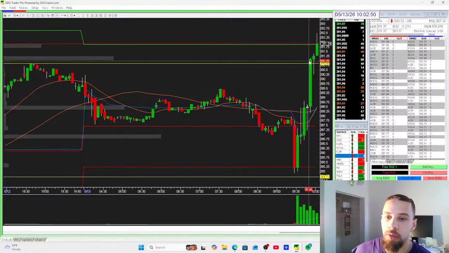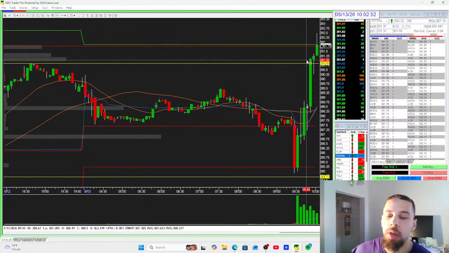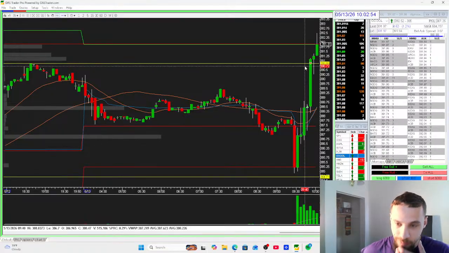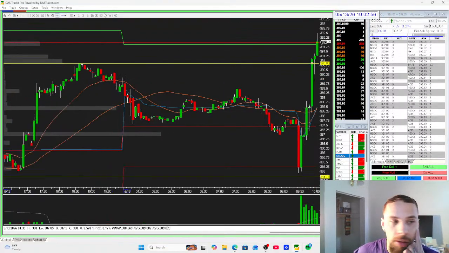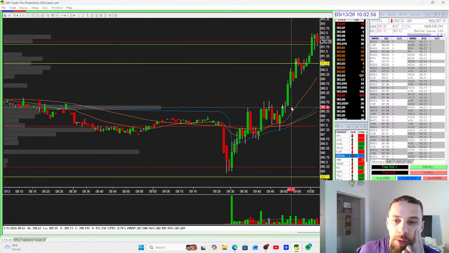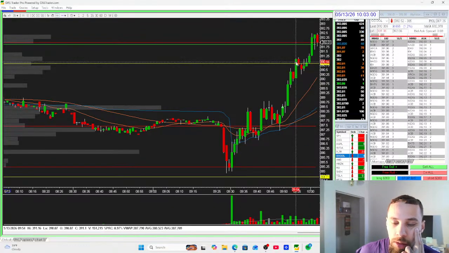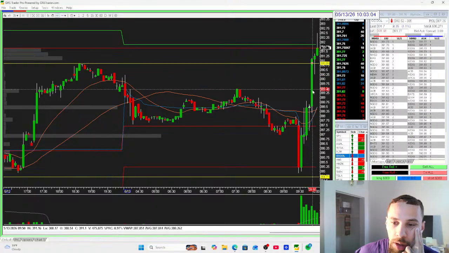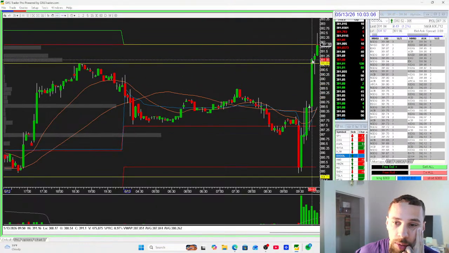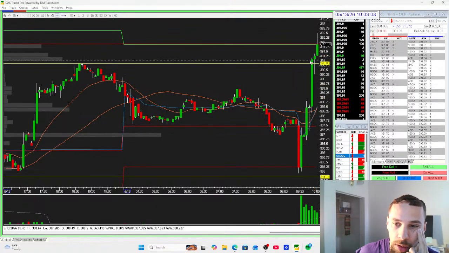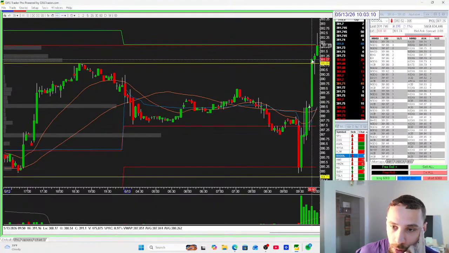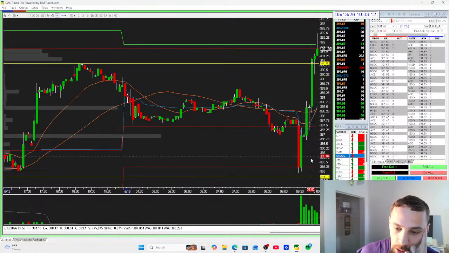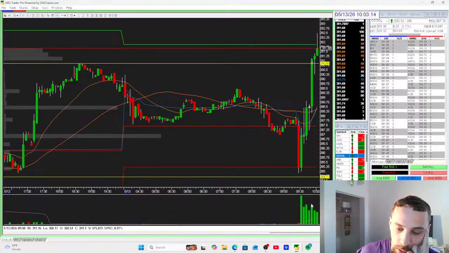It's a good green 5-minute candle. In hindsight, I don't know, I'll have to review it and see, because this big 5-minute candle that we got is a really good candle. It closes above our level, which is good. That's a really bullish signal for me, with a lot of volume here.